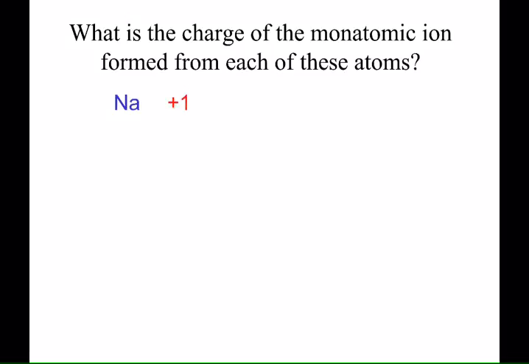+1, it's 1A. Oxygen, it's a 6A, so it picks up 2 electrons, -2. Bromine, it's one of the halogens, 7A, picks up 1 electron, forms a -1. Magnesium, it's a 2A, it loses its 2 valence electrons, becomes a +2. Nitrogen, it's a 5A, it picks up 3 electrons, forms a -3.